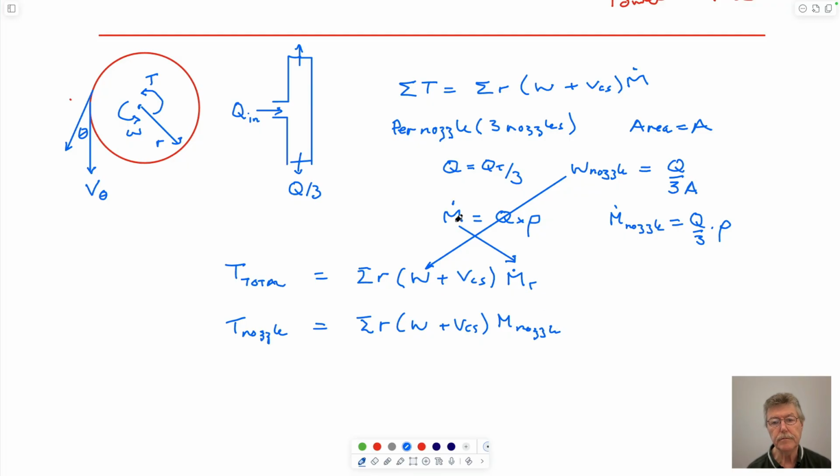This is total. And so if you did it for each nozzle, then T total would be equal to 3 times T nozzle. Anyway, that's laying it out as straightforwardly as I can.